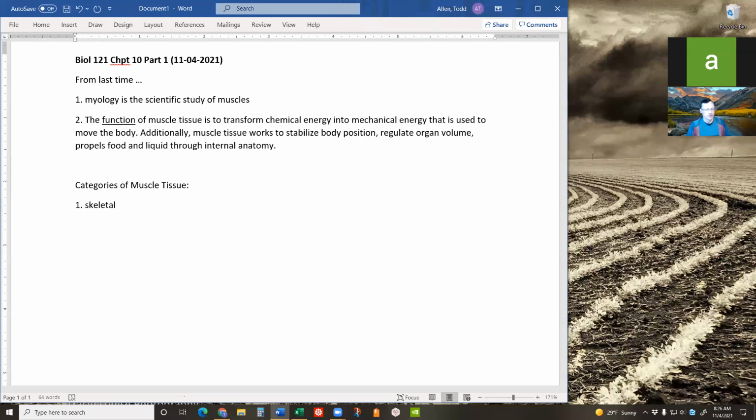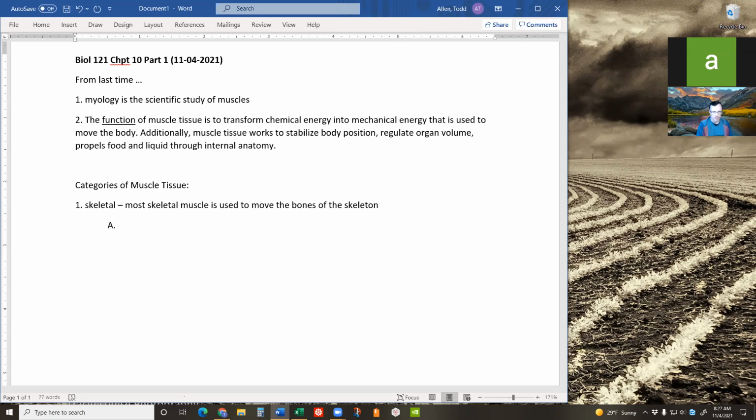The skeletal muscle tissue is used to move the bones of the skeleton for the most part. There are some exceptions. For example, your tongue is a skeletal muscle, and it doesn't move a bone, it moves itself, right? So most skeletal muscle is used to move bones of the skeleton.